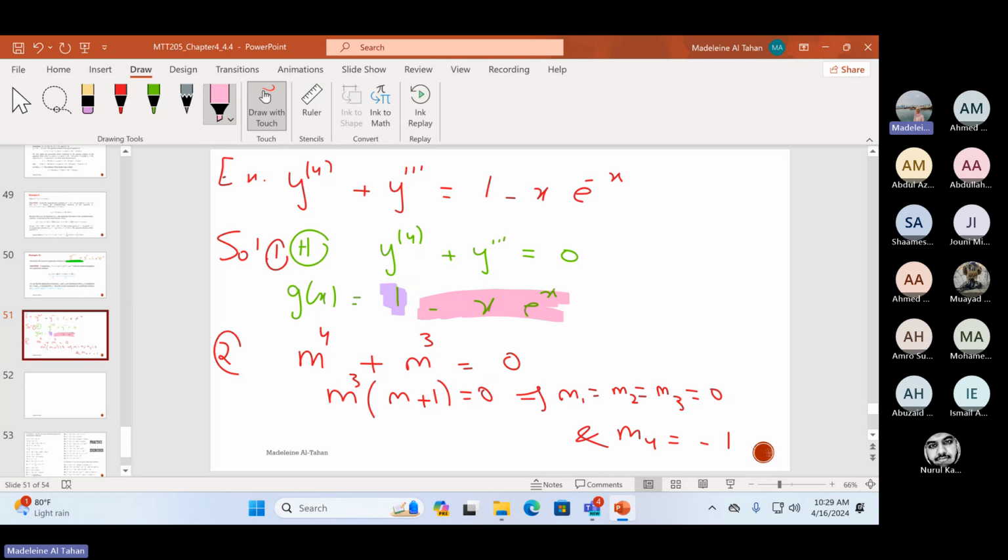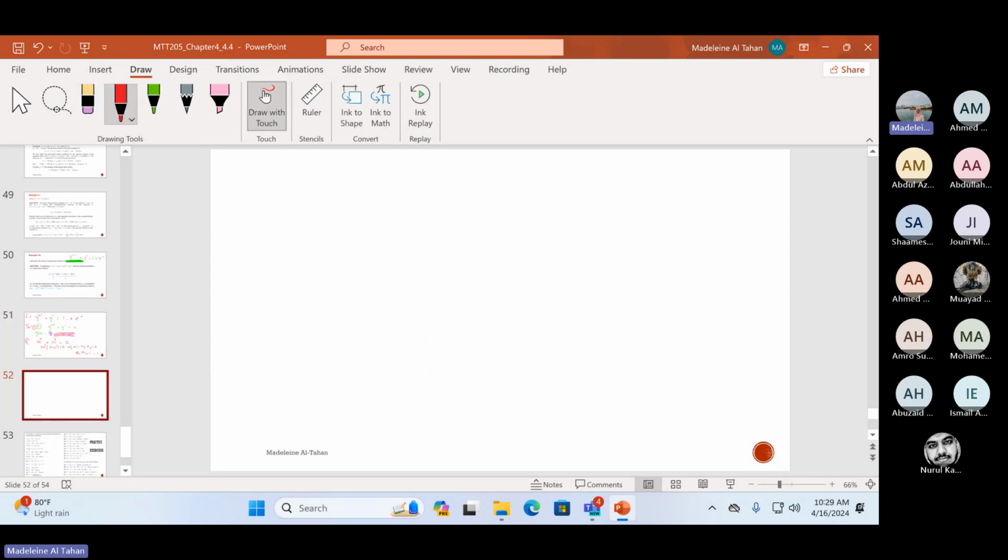So, miss, I changed this one: instead of x squared, I put it as x. So what will be now the solution? YH is equal to C1 plus C2 x plus C3 x squared plus C4 e to the negative x.